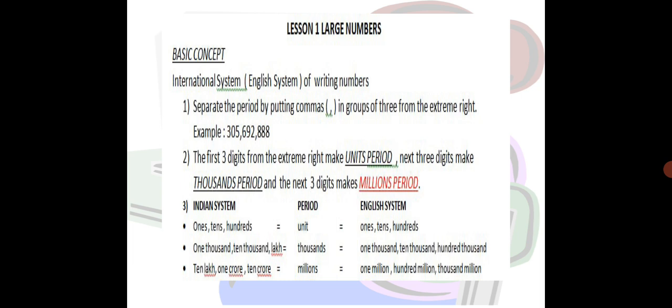The basic point to be remembered is to separate the periods by putting commas in groups of 3 from the extreme right. In the international number system, each period consists of 3 digits from right to left.